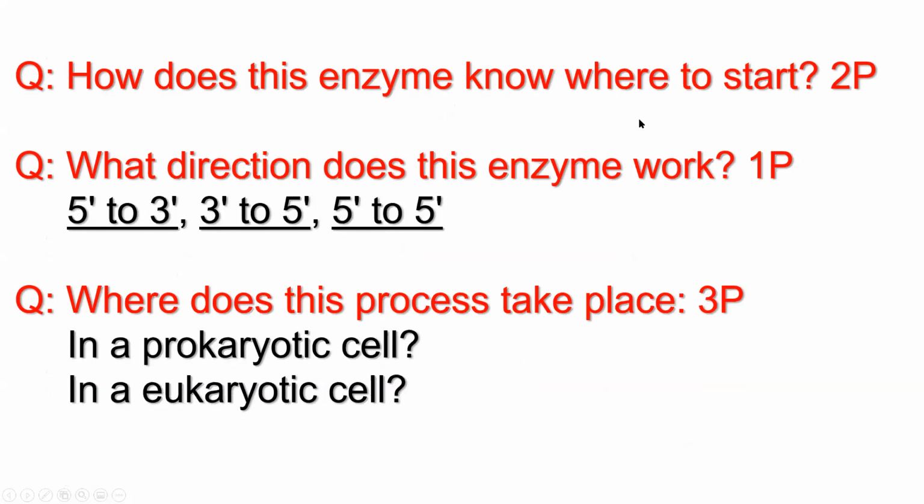Do you know the name of that region? The RNA polymerase is not going to bind randomly. There is a specific region in the DNA where the enzyme binds. And we call this region the promoter. So what is a promoter? A promoter is a DNA sequence where RNA polymerase binds to start transcription.